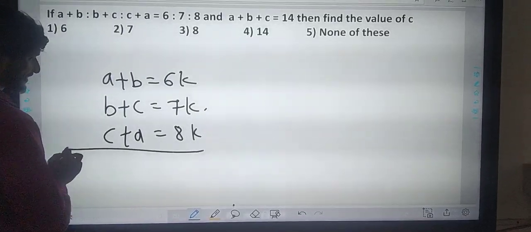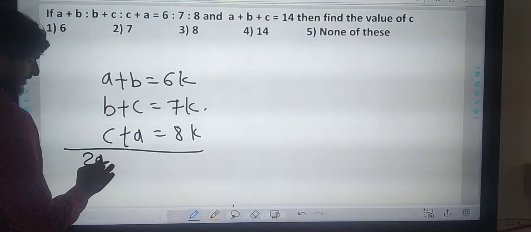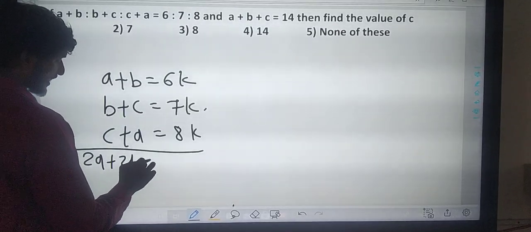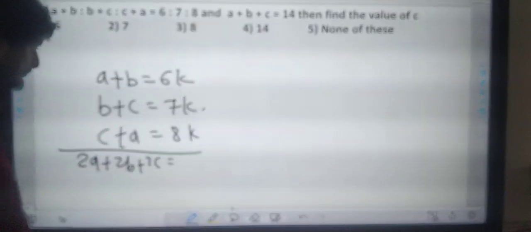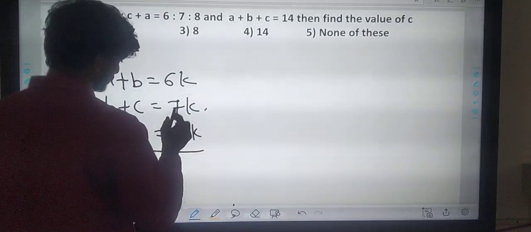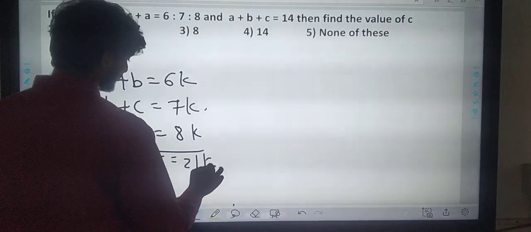Then we get the addition here: A is twice A, B is twice B, and C is twice C. We get the addition here, 21k.